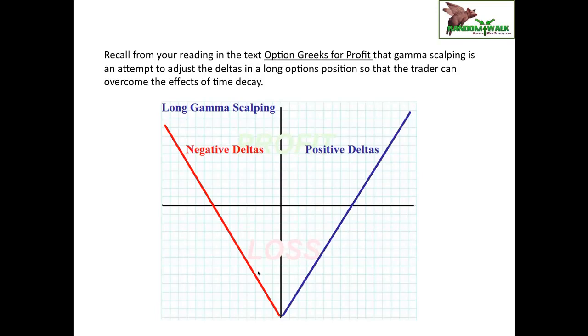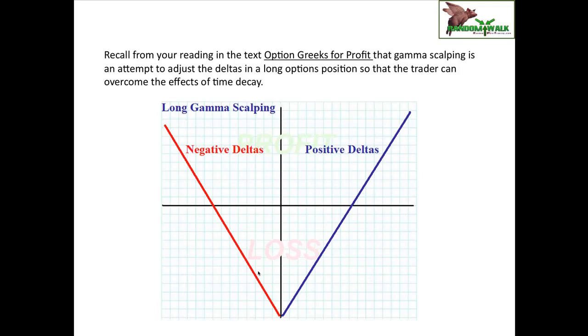The key word in all of this is gamma, which is one of the option Greeks, and gamma is basically defined as the change in delta based on the change in the stock. The delta is defined as the change in the option value based on the change in the stock.